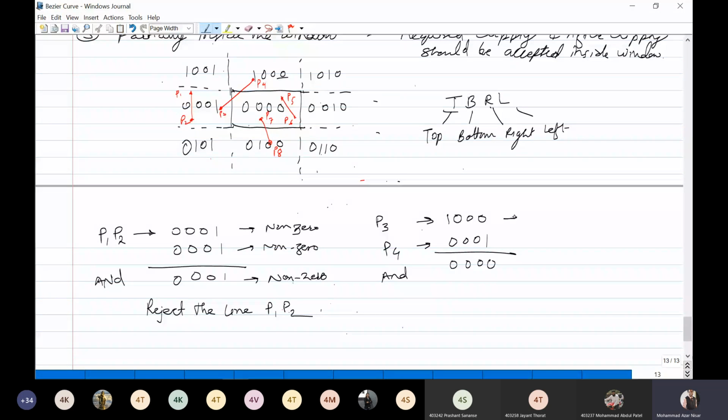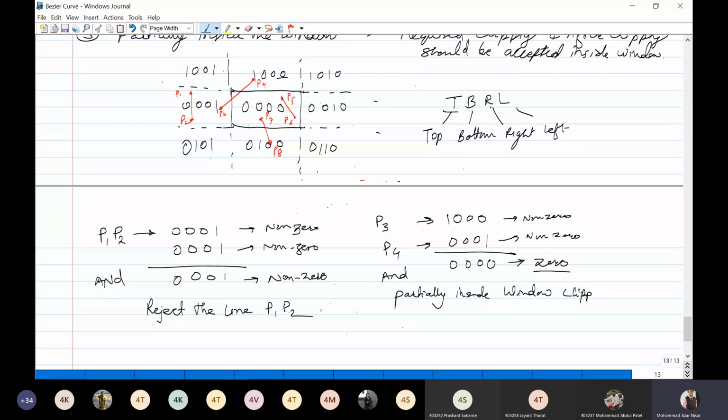So the first one is non-zero, the second one is also non-zero, but the AND answer coming is 0. So it means that the line is partially inside the window. So you need clipping.